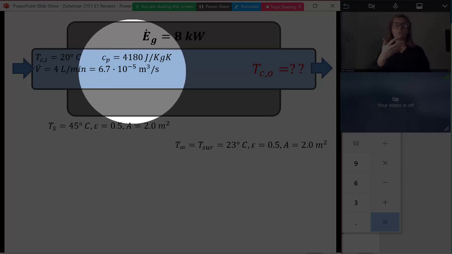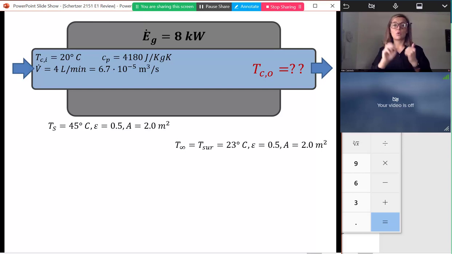And I'm told what the Cp is. I think they told me the density was 1,000, so I just multiply by 1,000 and I get the mass flow rate. If they don't tell you the density of water, just use 1,000 because it's always about 1,000 if it's liquid water.